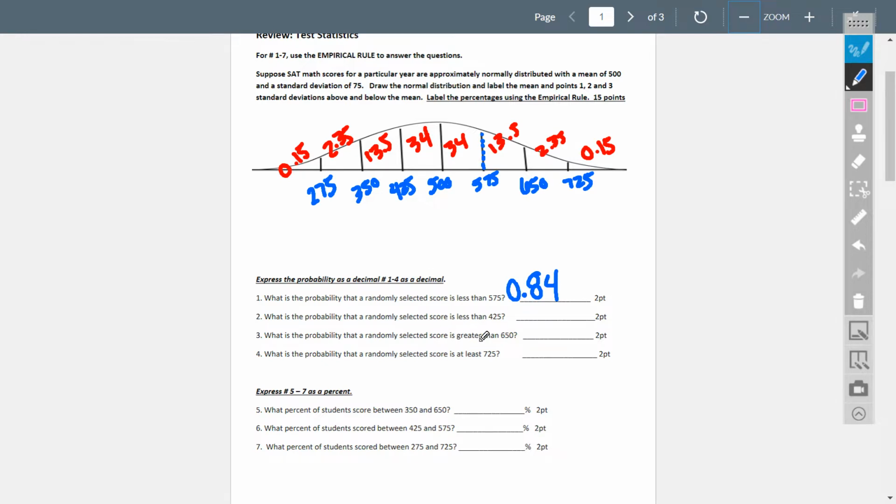What is the probability the randomly selected score is less than 425? 425 is right here.